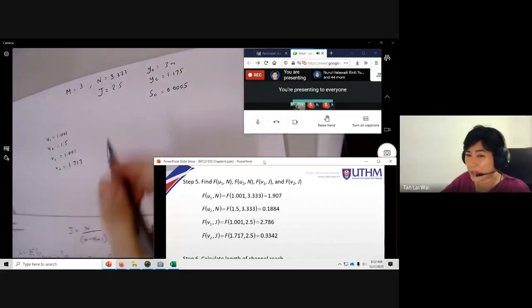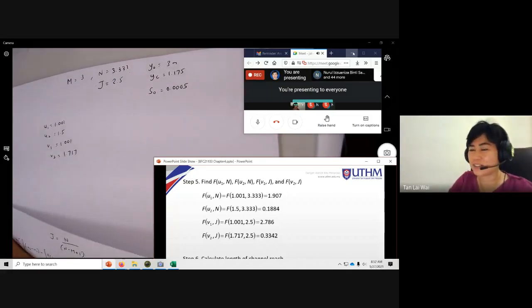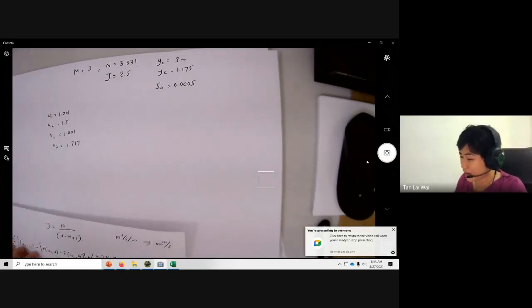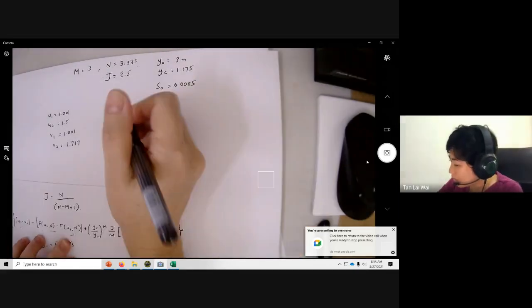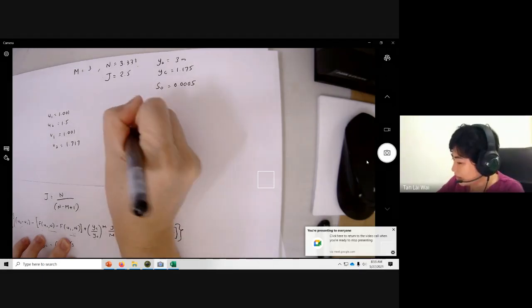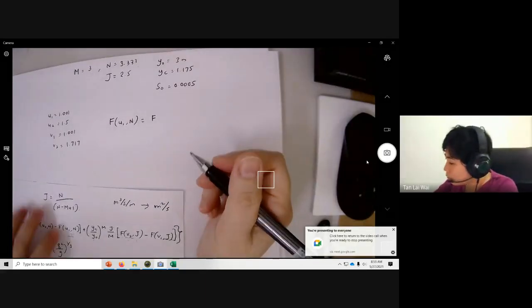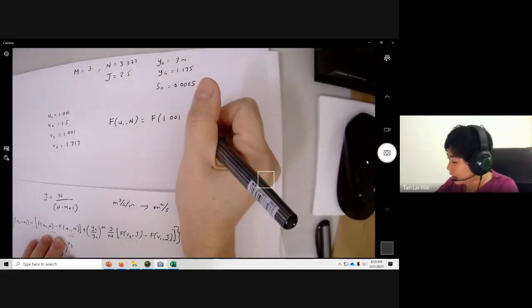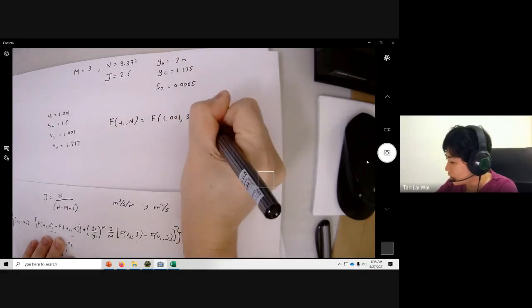You see, you want to find FUN. What you have to do is, FU1N equals to FU1 would be 1.001 and then N is 3.333.